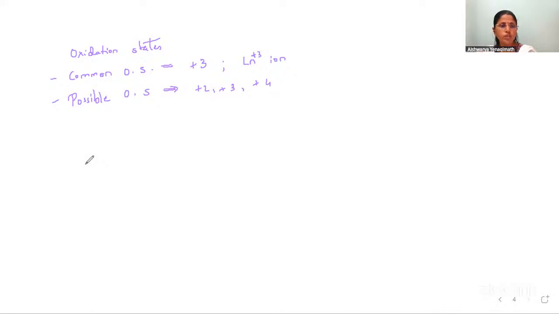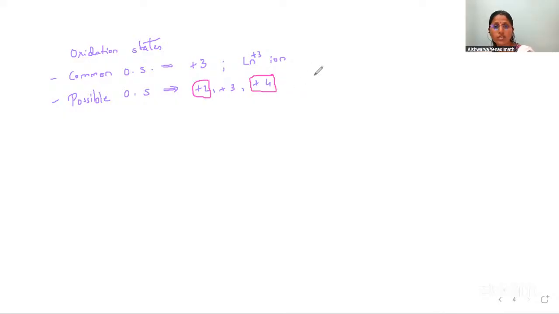Now the question arises: if +3 is the common state, why do some lanthanides show the +2 oxidation state and why do they show the +4 oxidation state? Occasionally you may find +2 or +4 states in the solid state or solution state. Why do +2 or +4 oxidation states come in?